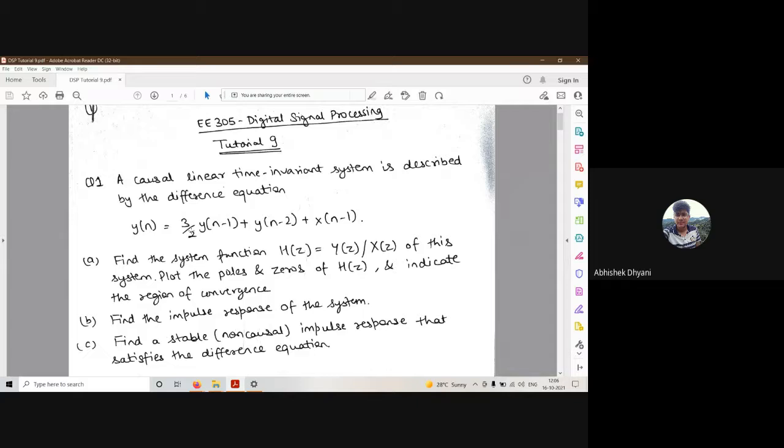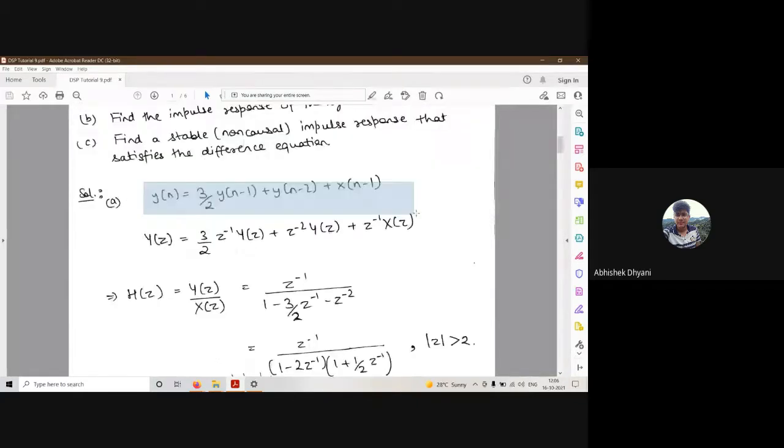So the way we'll do it is, this is the equation given to us, and we will take the z transform. On the left hand side we get Y(z). On the right hand side, because there are delay terms, there will be z^-1, here a delay of 2 so z^-2, and again z^-1, with the terms Y(z) and X(z).